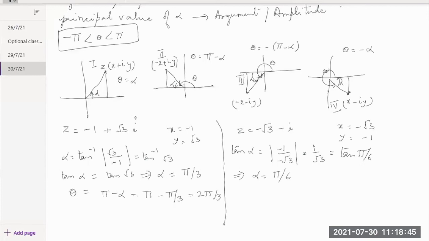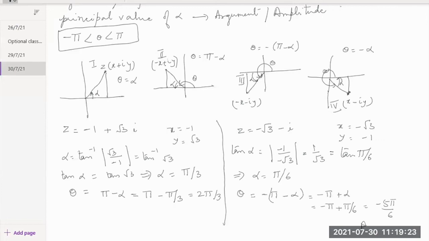And the complex number is lying in the third quadrant. Now in the third quadrant, the relationship between theta and alpha is what? Theta is equal to minus pi, put it within the bracket, plus alpha. So it becomes minus pi plus pi by 6, giving you minus 5 pi by 6.